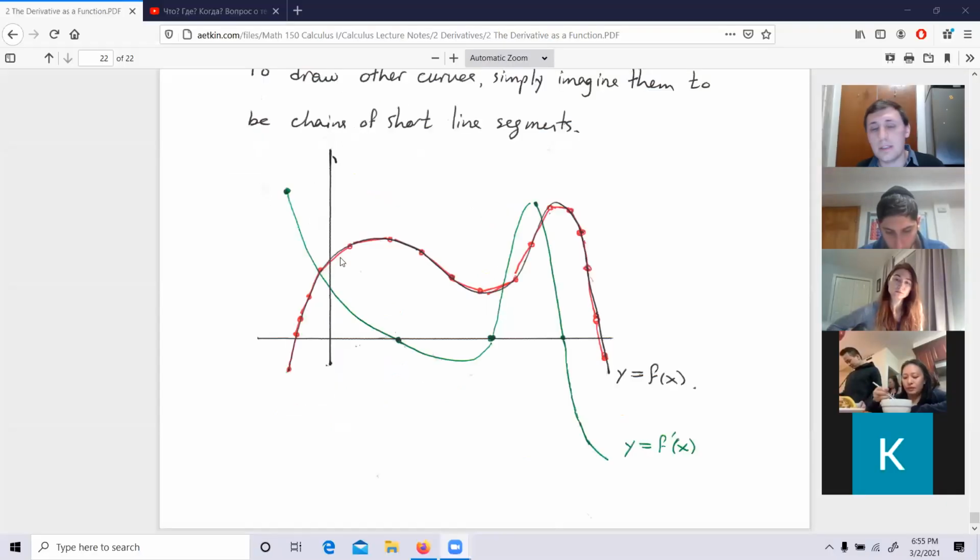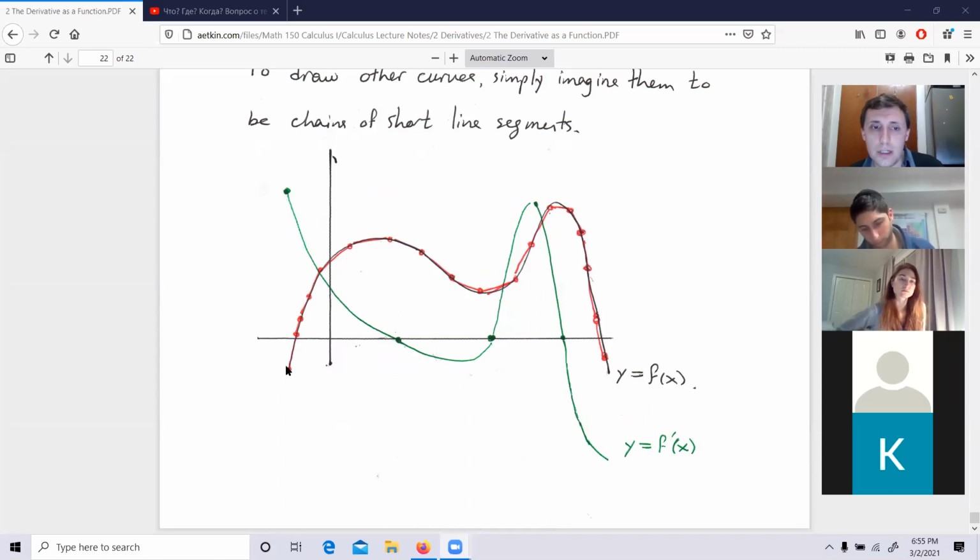Here are the line segments that I approximated the curve by, and this is how I plotted the derivative, roughly speaking. You can see that here, the curve is positive, so here is the derivative, here is positive. Then over here it gets to be less and less positive. That's why the green curve decreases. Understand? I don't consider if the graph of the black curve is above or below the x-axis.